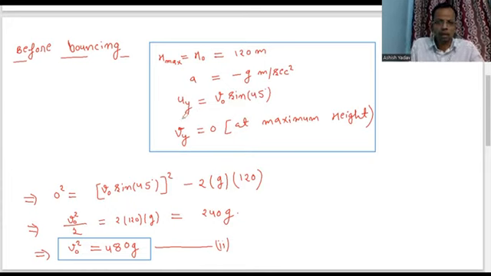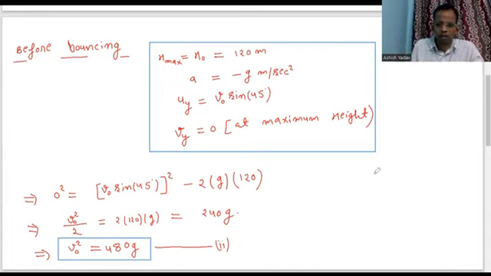The initial component of velocity in the vertical direction is v naught sine 45 degrees. The final component of velocity in the vertical direction will be 0 because when the ball reaches its maximum height, the vertical component is 0.